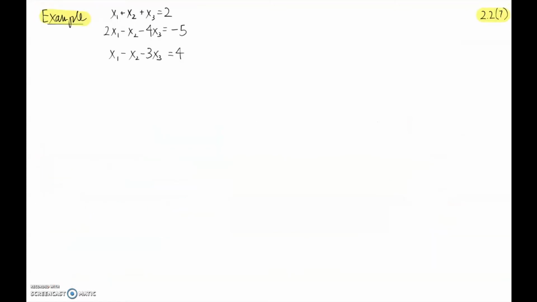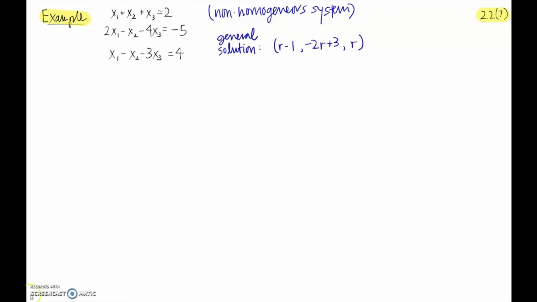So here we have a system of equations, and you think in your head, is this a homogeneous system or a non-homogeneous system? Because we have these non-zero constants over here, this is definitely a non-homogeneous system. And this is a system that will have an infinite number of solutions, and they all look like this.